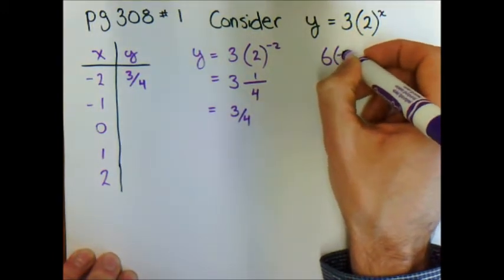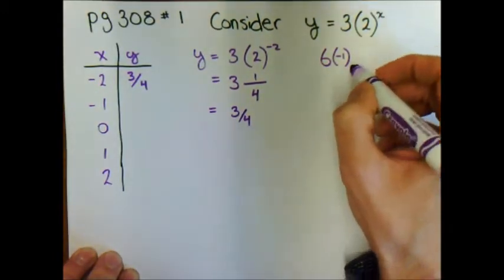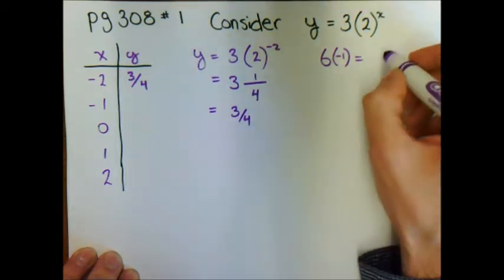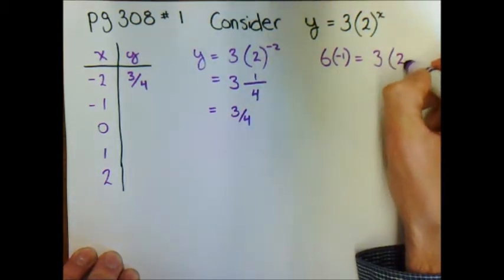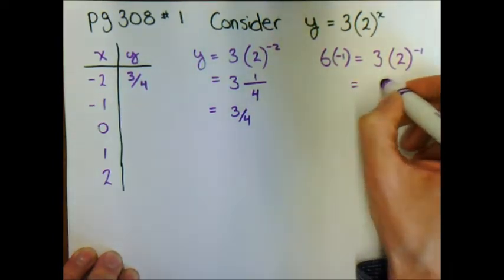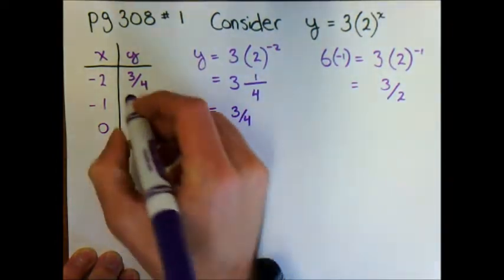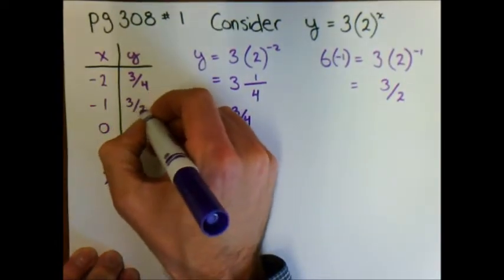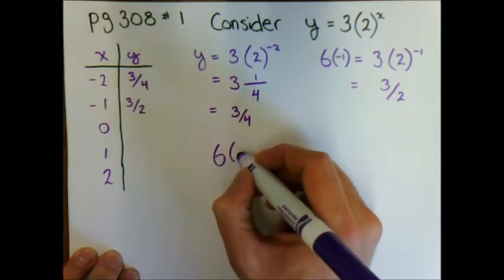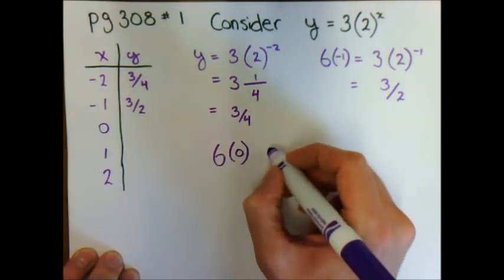Next, I'm just going to use the function notation here so that it's easier to keep track of. I'm subbing in x equals -1. So we have 3 times 2 to the power of -1, which is equal to 3 over 2, or 1.5. Then we have f of 0.